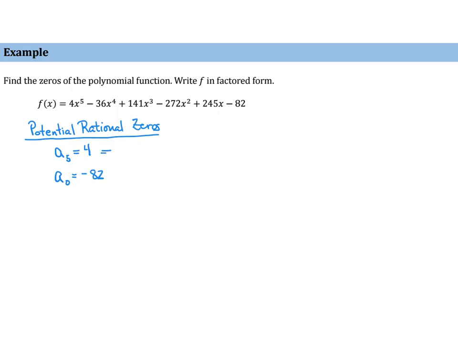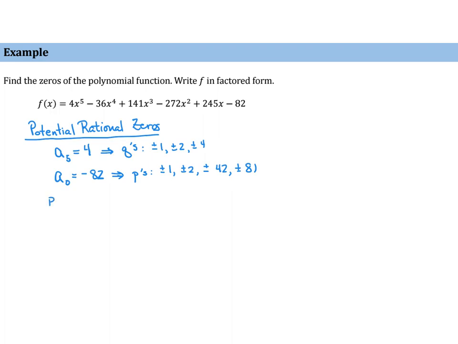Now we need our factors of each. So these will be our q's, and these will be our p's. So our q's will be plus or minus 1, plus or minus 2, plus or minus 4. Our p's will be plus or minus 1, plus or minus 2, plus or minus 42, plus or minus 81.